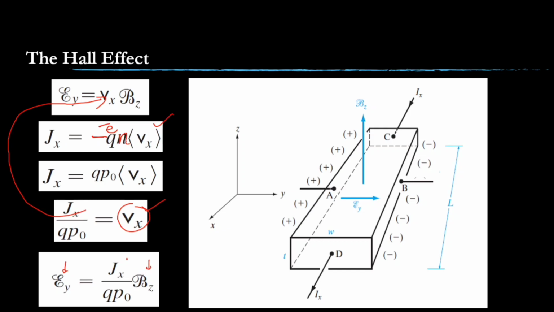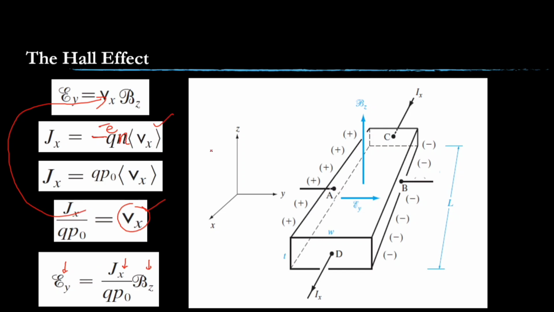This is the current flowing in the direction of x, this is the magnetic field in the direction of z, and this is the electric field in the direction of y. Q is the charge of a hole, and P0 is the equilibrium concentration of holes.